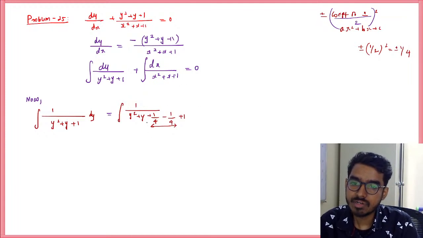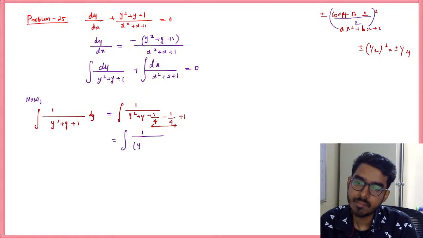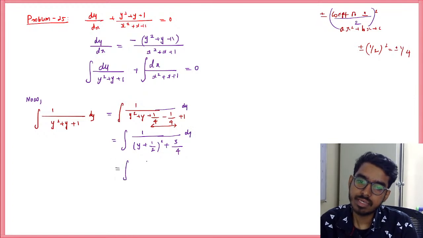Now I can combine the first 3 terms and write this as the integration of 1 divided by (y plus 1 by 2) whole square, and the remaining terms, 1 minus 1 by 4, give 3 by 4. So I can write this as (root 3 by 2) whole square.